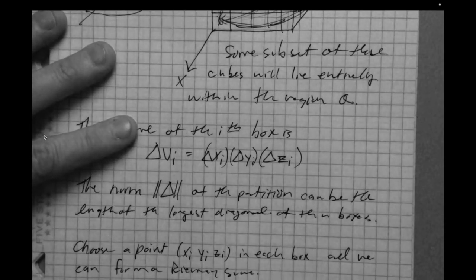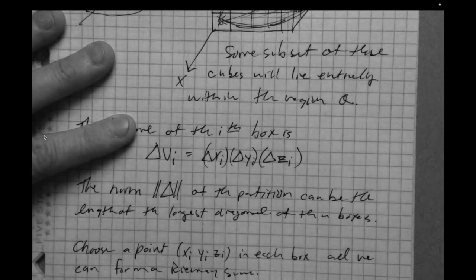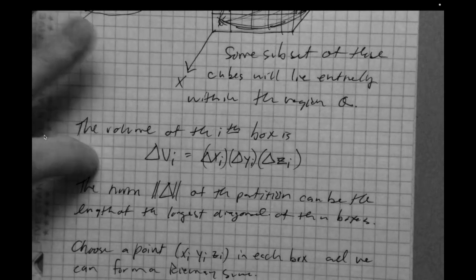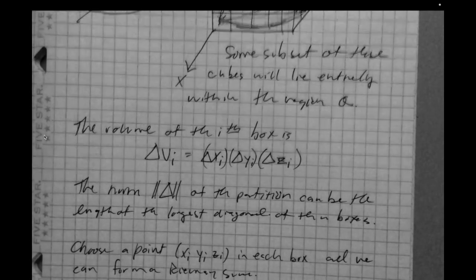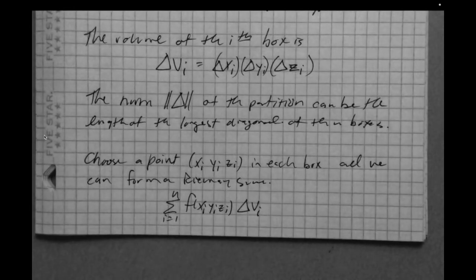The Riemann sum looks like this: the sum from i equals 1 to n of f of xi, yi, zi times delta vi. And then by taking the limit as the norm goes to 0, we can get the following definition of the triple integral. Let's take a look at the definition.